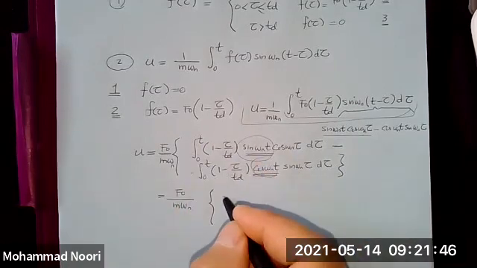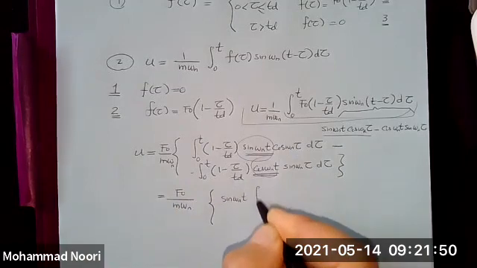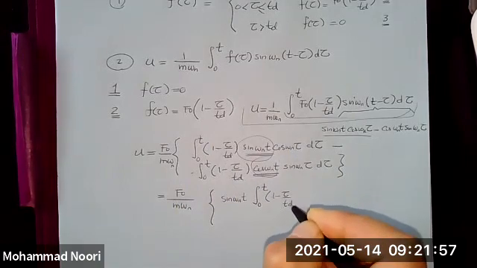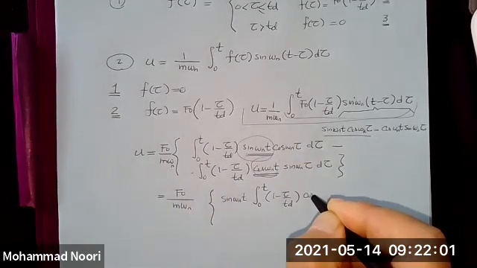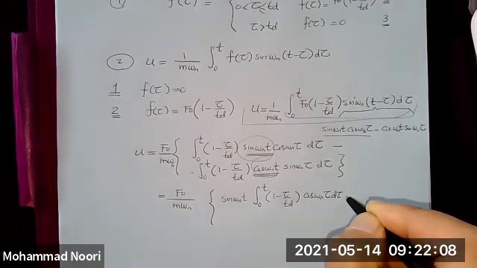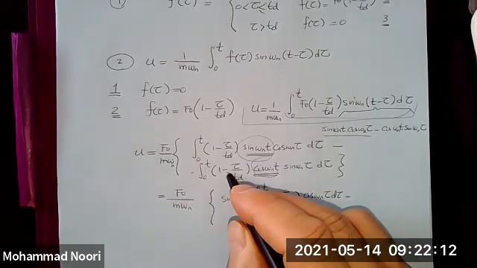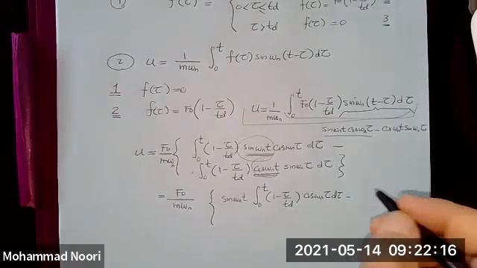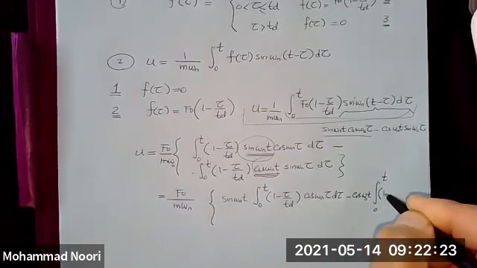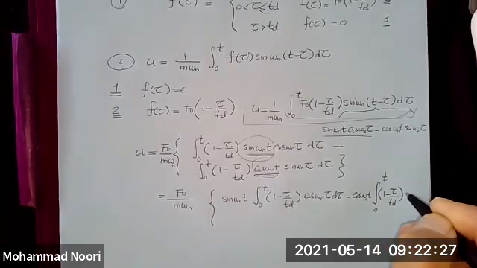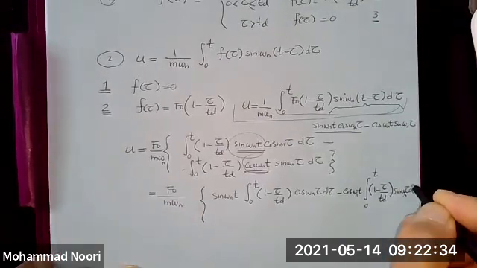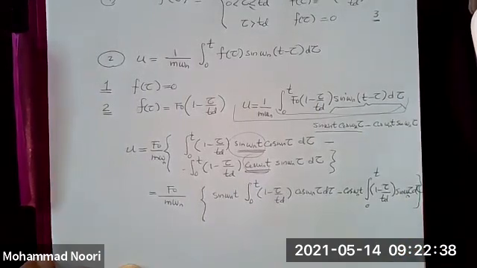Take this out, so I have sine omega n t, integral from 0 to t of 1 minus tau over t_d times cosine omega n tau d tau, minus cosine omega n t, which comes out, integral from 0 to t of 1 minus tau over t_d times sine omega n tau d tau. Sorry, that got a little bit messy.